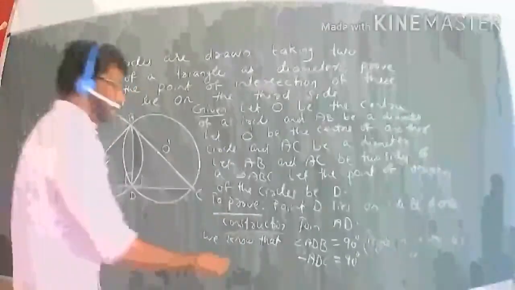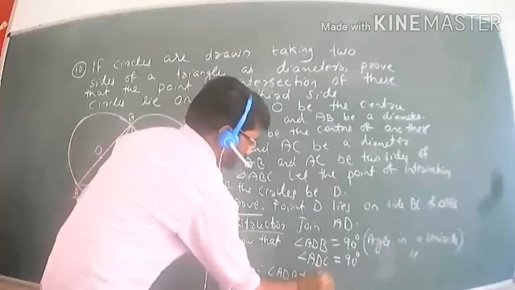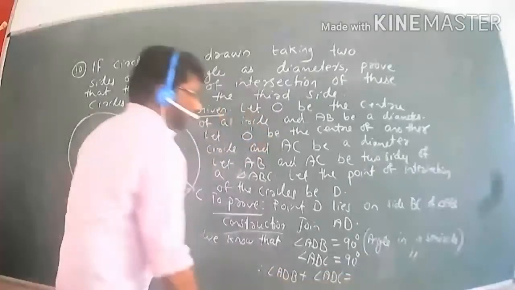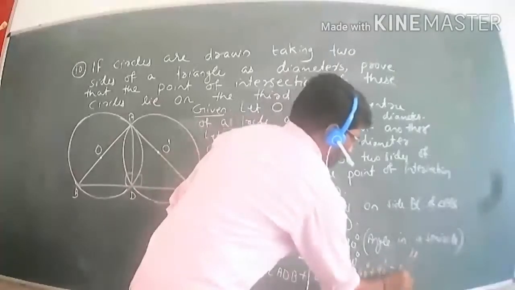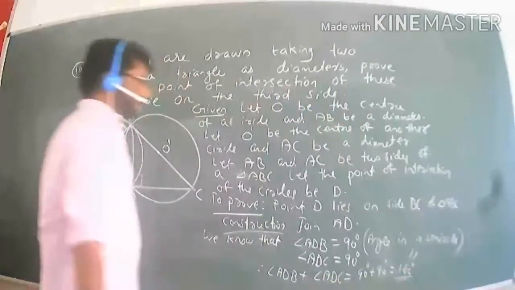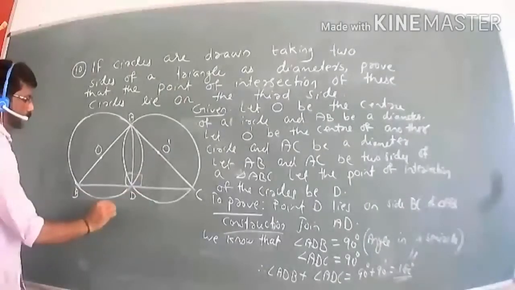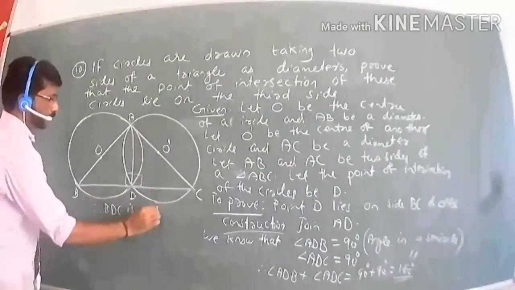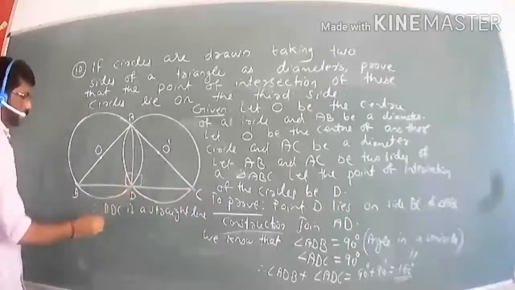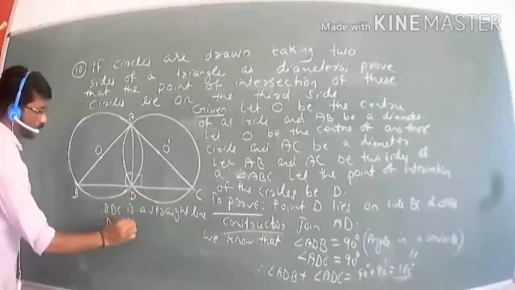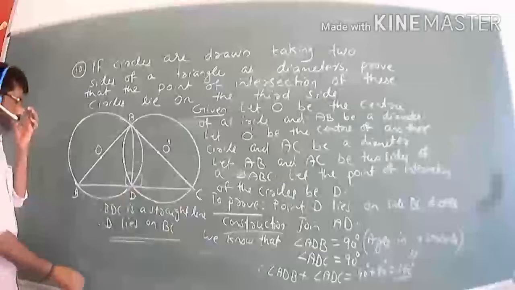So therefore if you add this, the measure of angle ADB plus the measure of angle ADC is equal to 90 plus 90 equal to 180 degree. Therefore this angle is a straight line. So we can say that BDC is a straight line. So if it is a straight line, therefore D lies on BC. The point D lies on BC, hence proved.